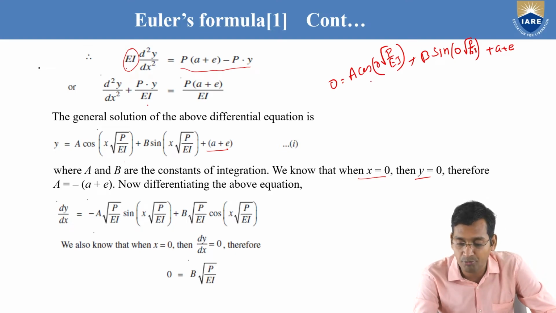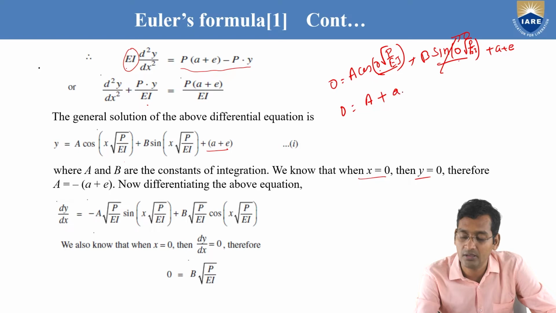Now cos 0 is 1, and sin 0 is 0, so this term will be 0. So 0 equals A into 1, plus a plus e.